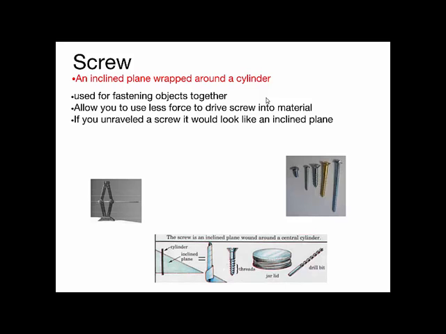Obviously, in a screw, we use it to attach objects together. What's another tool you use to attach objects together besides the screw? A nail. What do you think a nail would be an example of? More like a wedge. So if we think about a nail versus a screw in terms of how you get it into the wood, which requires more force? The nail.